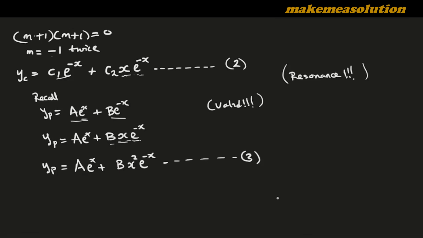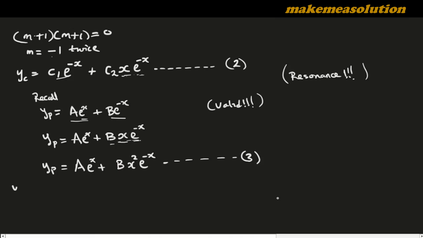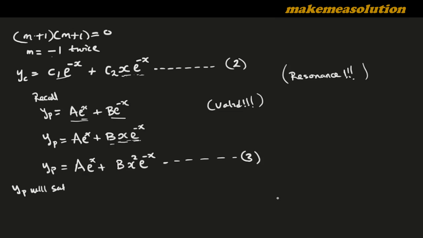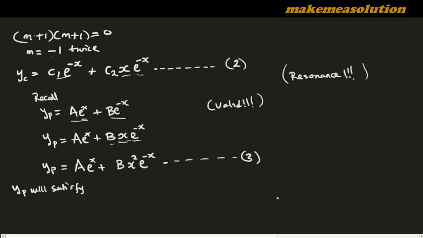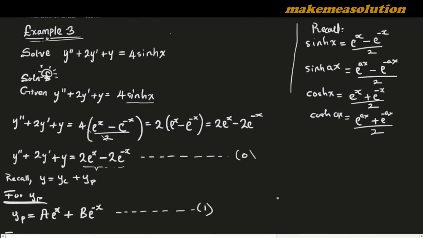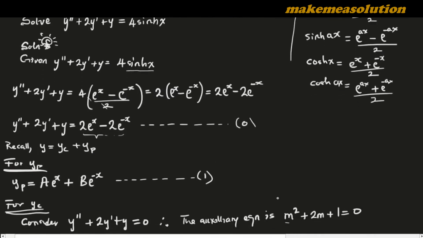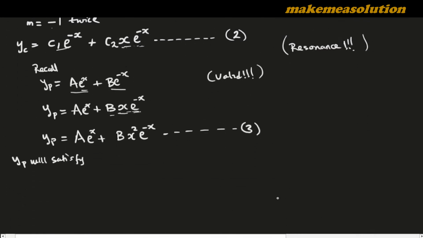Of course, this is your particular integral, and it should satisfy the original differential equation that was given to us, which is y prime prime plus 2y prime plus y equal to what? 4 sin x.